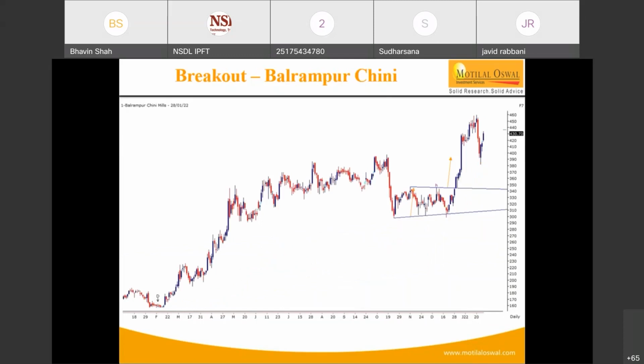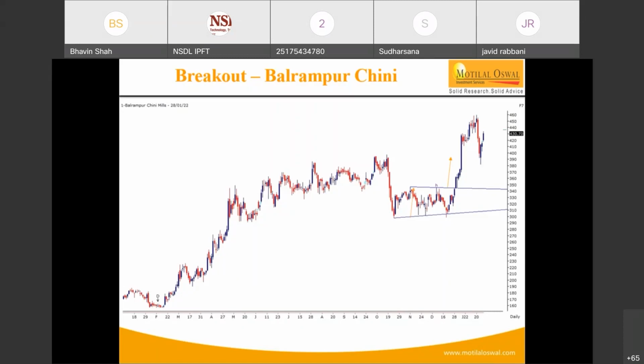Then we have a chart of Balrampur Chini, where we had a breakout. There was a consolidation initially, and then a breakout around the 340, 350 zone, and the stock moved higher from 350 odd to the 450, 460 zones. So after a consolidative move, there was a quick move after the breakout.